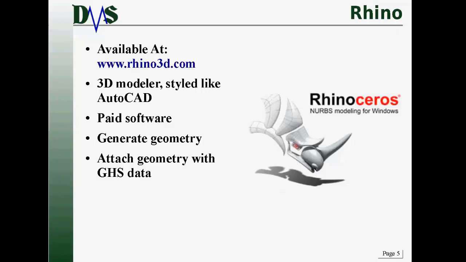It is paid software, as I said, but it's used to generate geometry. One of the tools included in Rhino is a command called the attach GHS command, and that basically lets you take an object that you've created in Rhino as a general 3D object and add in the extra information that you need to organize that geometry into a GHS geometry file.